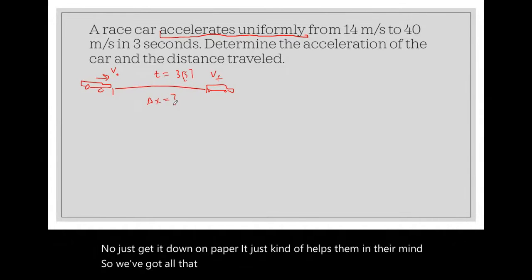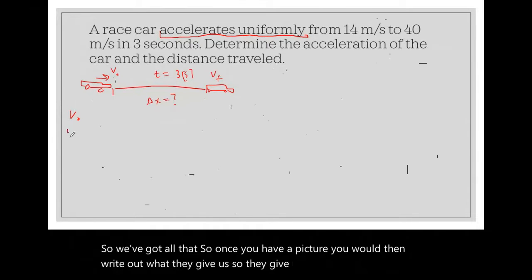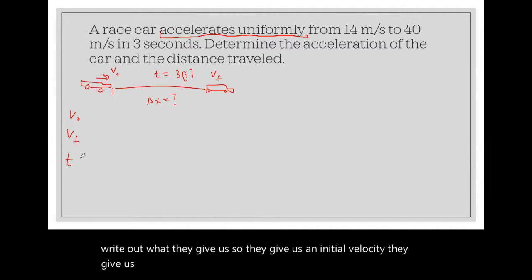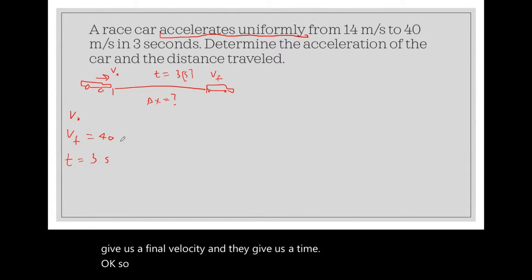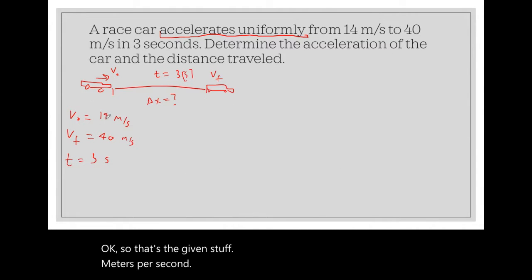So once you have a picture, you would then write out what they give us. They give us an initial velocity, a final velocity, and a time. Okay, so all that's the given stuff, in meters per second. And that's supposed to be a 4, not a 9.